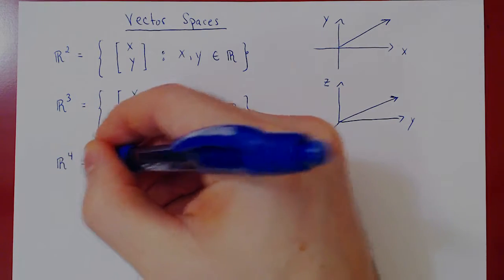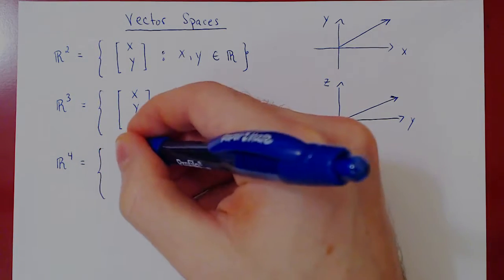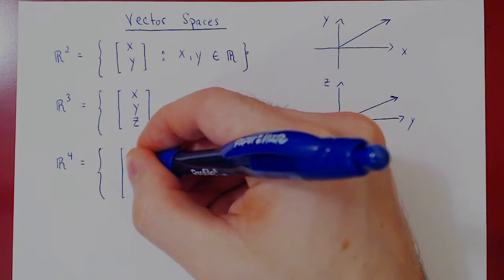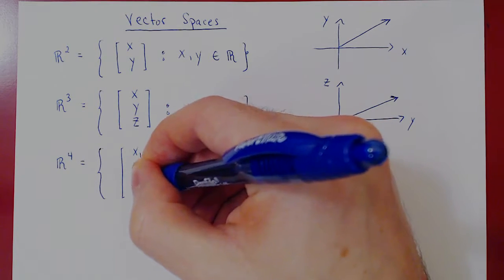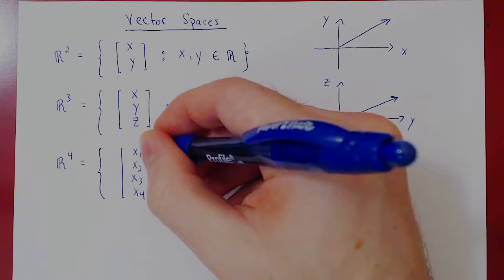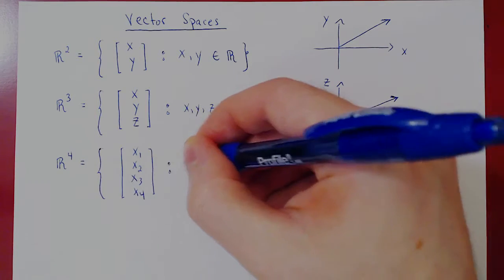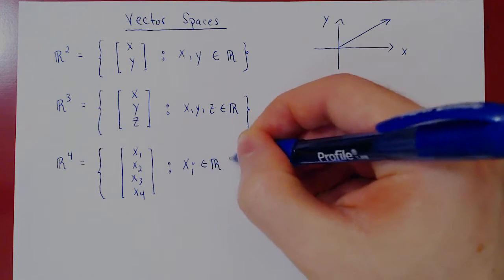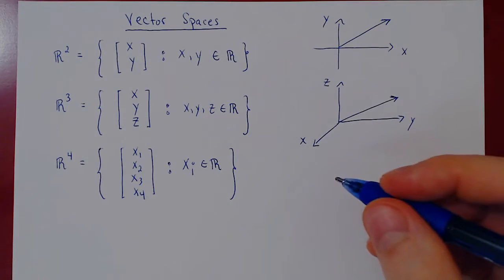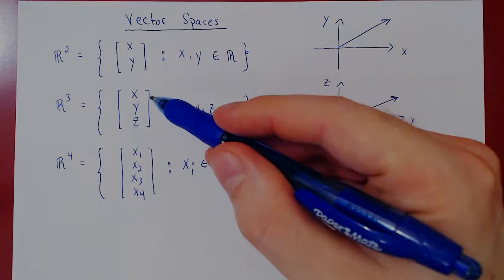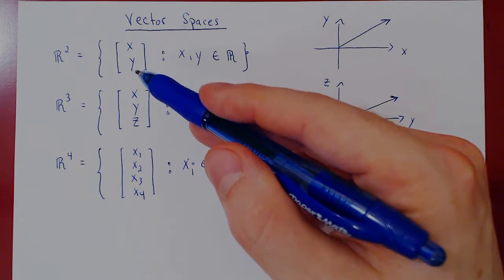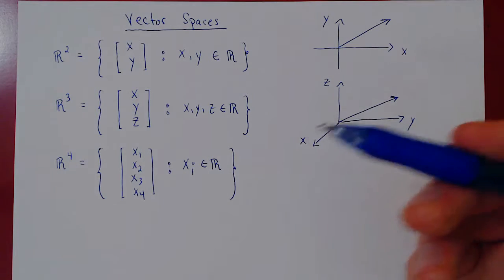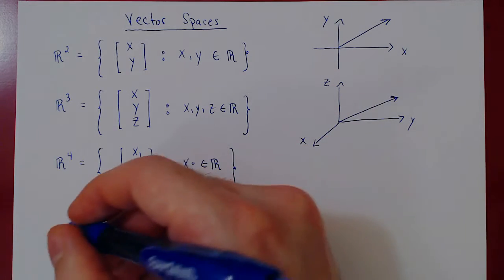So consider the space of 4 by 1 matrices with real components, where each xi is an arbitrary real number. So you see, algebraically, it was very easy to go from 2 components, 3 components, 4 components, or in general Rn with n components, right?